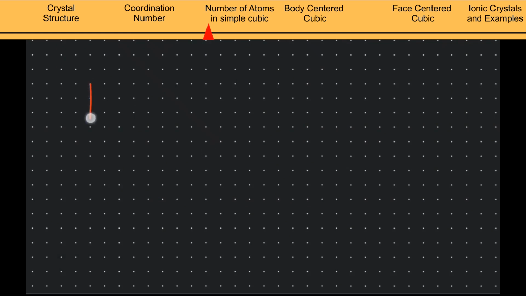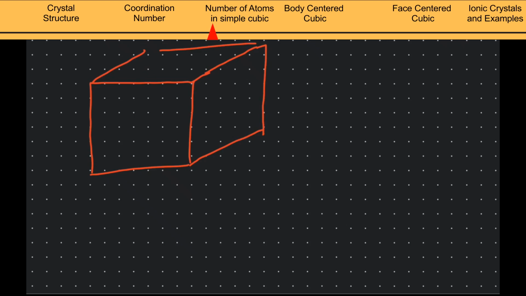And if I draw the closed packing structure again, and just look at one side, for instance here, each corner includes one atom, as I mentioned, and this is 1/8 of the atom.